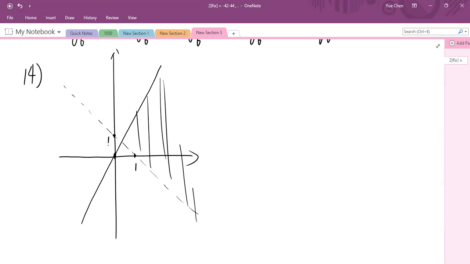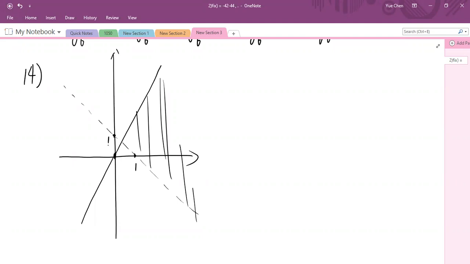It asks you to find the system of inequalities to describe this shaded region. For this kind of problem, the first thing you need to do is read the choices, which give you some ideas what kind of inequality you will have. The four choices are y less than or equal to 2x, y greater than or equal to 2x, and x plus y greater than 1, less than 1, or greater than or equal to 1.